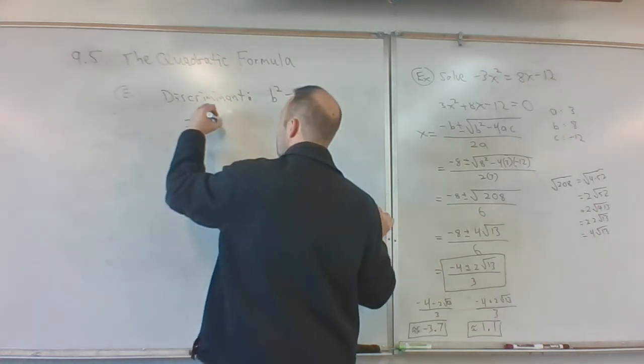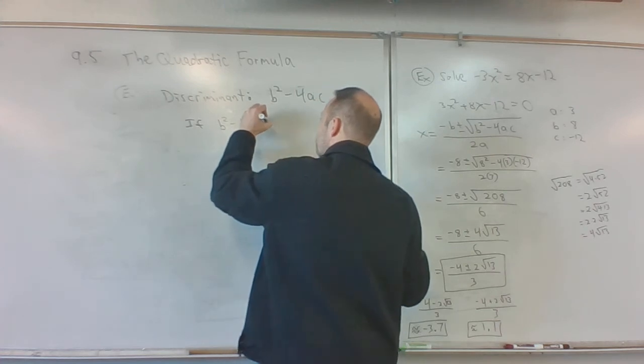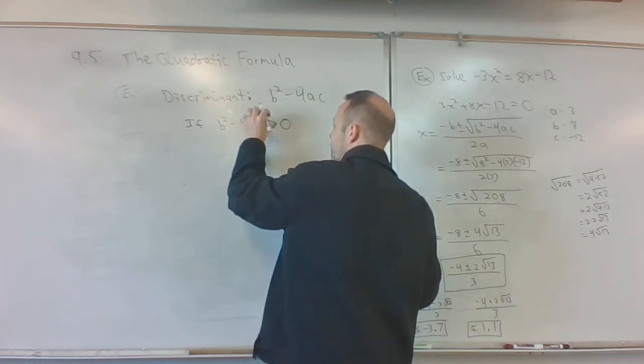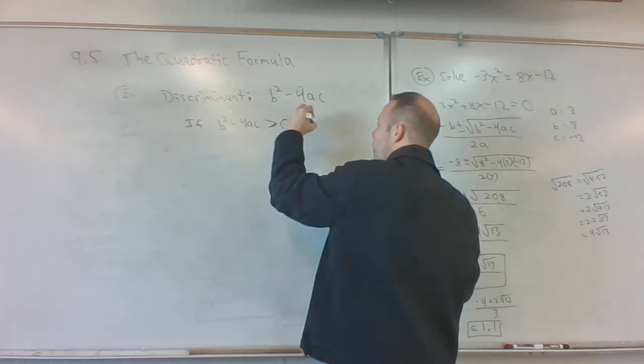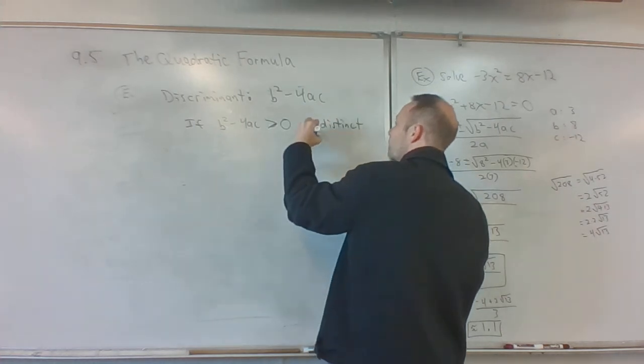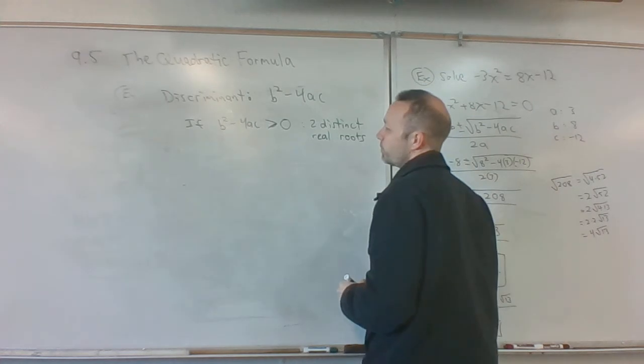We could say if b squared minus 4ac is greater than 0, not greater than or equal to, then what you have is two distinct real roots.